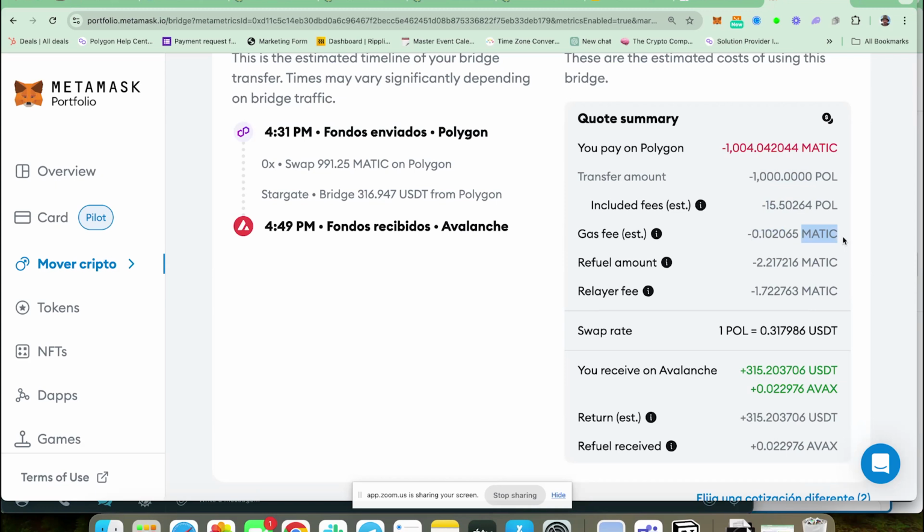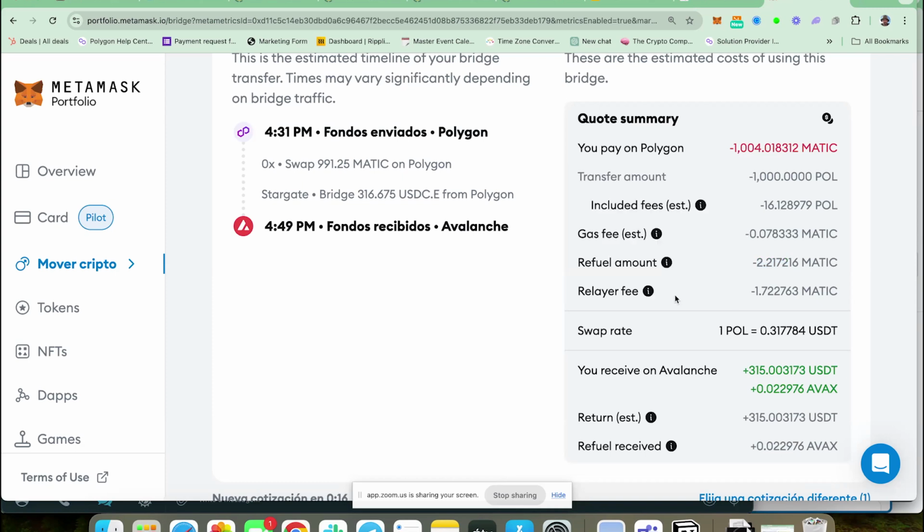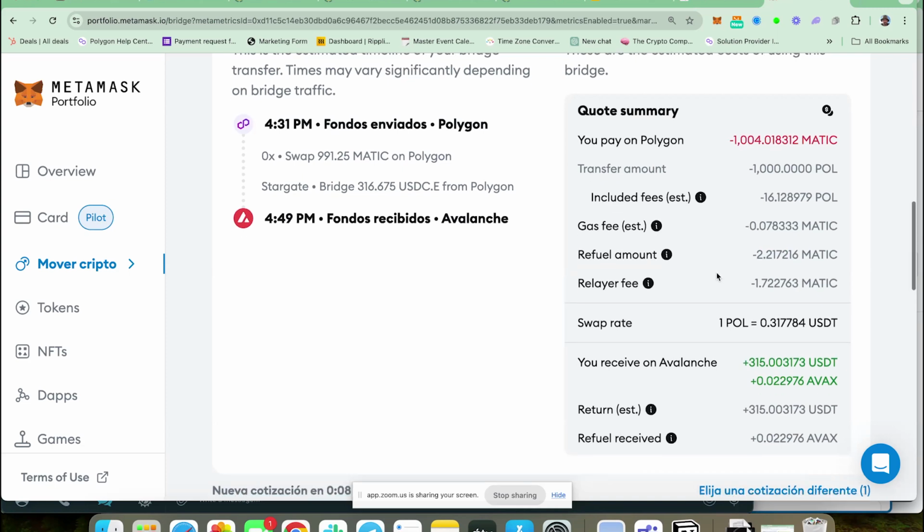Matic or Pol is the same, so this is very low. Refuel amount is the amount of Matic that I need to use in order to transact on the other chain, on Avalanche. And then the relayer fee, which is an external protocol that you need for bridging. It's a bit technical, so I won't get into the details.